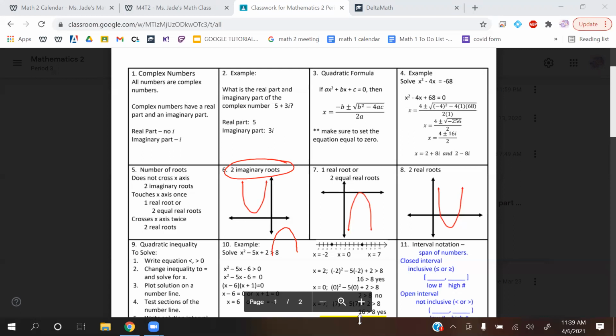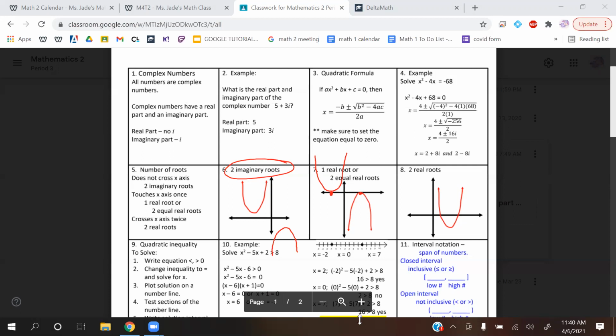All right, let's take a look at box number 7. So it says 1 real root or 2 equal real roots. So those essentially mean the same thing. It just happens when your parabola touches the x-axis only one time. So it can look like that where it's facing downwards, or I could just draw a parabola facing upwards where it touches the x-axis just one time.